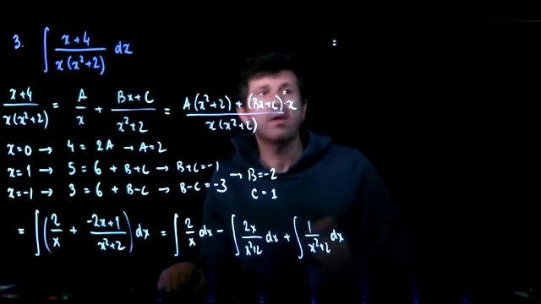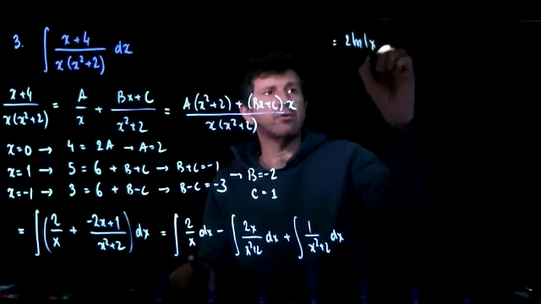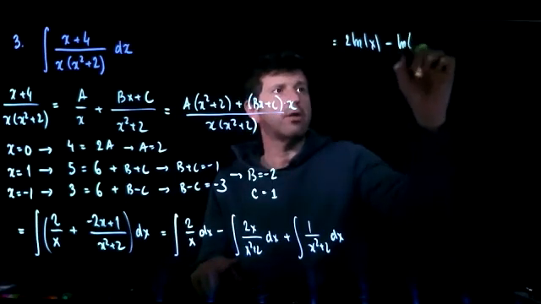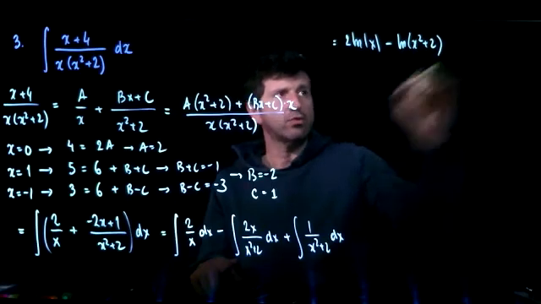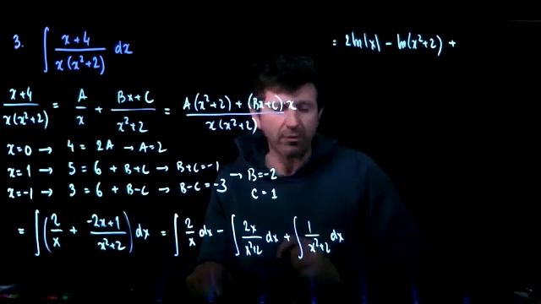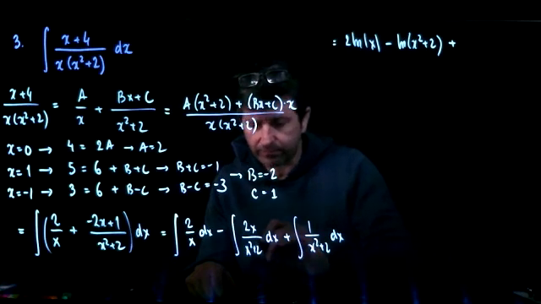So now we have 2 ln absolute value of x minus ln of (x² plus 2), plus, what is the integral of 1 over (x² plus 2)? You know it? No?